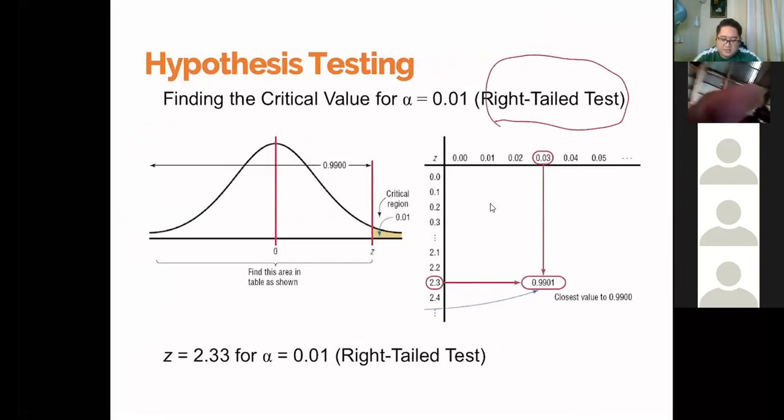Ang ibig sabihin ng right tail test is yung mean natin is equals to a certain number, and right tail siya kasi yung mean natin is greater than that certain number. So, ibig sabihin, yung null hypothesis natin, yung statement niya equal, yung alternative natin is greater than.